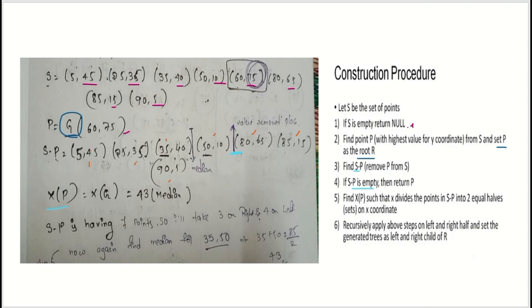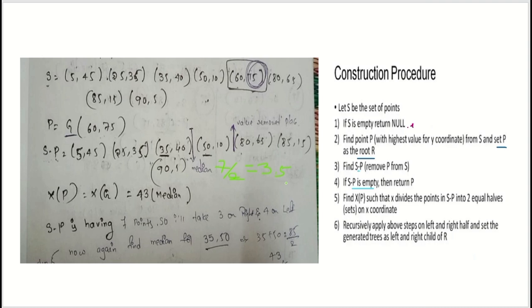Totally 1, 2, 3, 4, 5, 6, 7. We are having 7 values. You know how to divide it. That means 7 by 2. How much will we get? Nearly 3.5. 7 by 2 means 3.5.